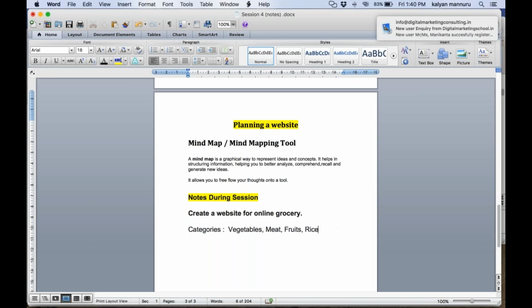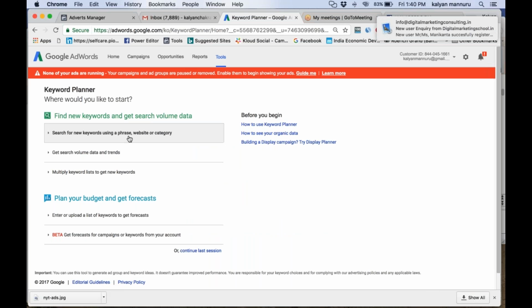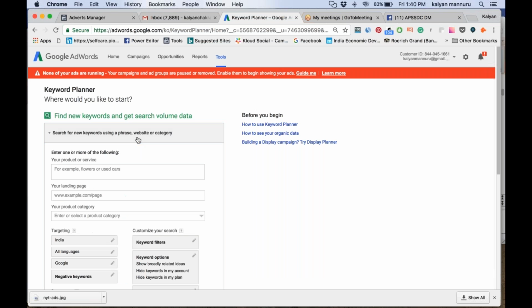Okay. So how am I going to use the keyword planner? The first option, like we checked yesterday, is to search for new keywords using a phrase, website, or category. So I'm going to use a few keywords here: buy groceries online, buy vegetables online, buy rice online, buy fruits online.